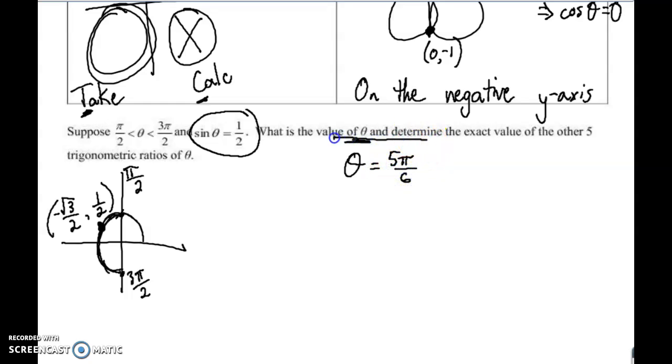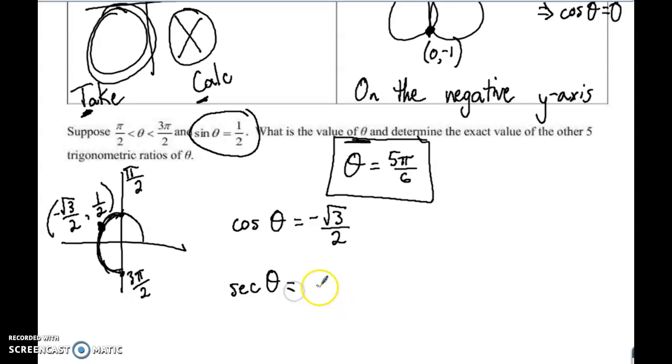And if you need to reference your unit circle for right now, that's fine, but we need to get to a point where you have everything memorized. And now we can actually figure out cosine of theta pretty quickly because it's the x-coordinate, -√3/2. I'm going to wait for tangent, but we should also be able to figure out secant and cosecant pretty quickly because secant's a reciprocal of cosine.